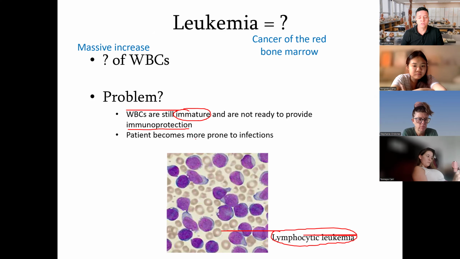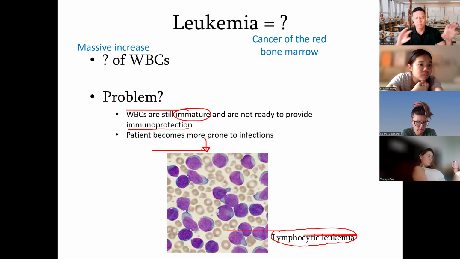Take a look over here, folks. I don't know if you remember, at the beginning of class today, when we looked at a sample of blood from a healthy individual, and we had all these red blood cells, and then a few white blood cells and a few platelets. Look at this, guys.